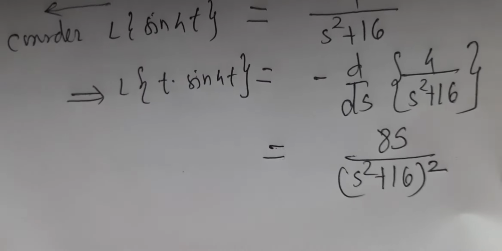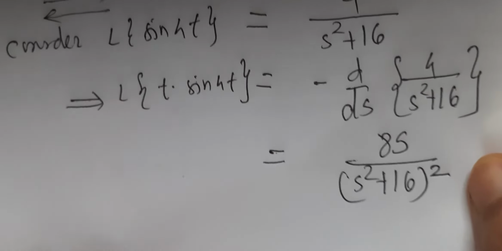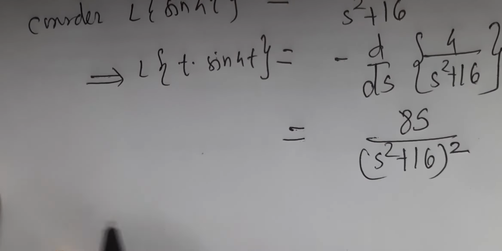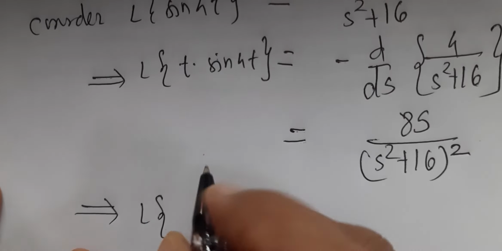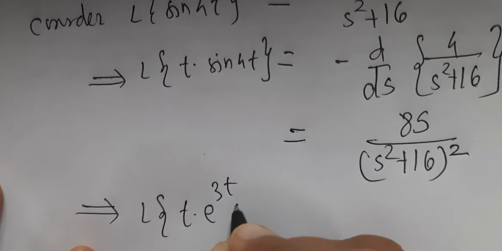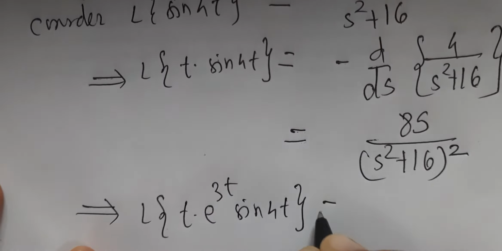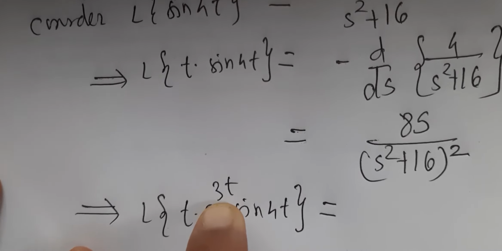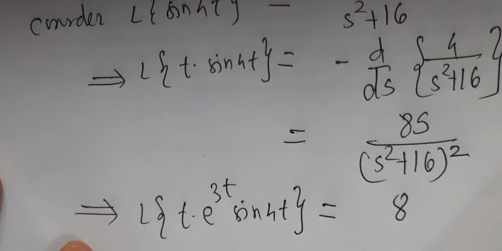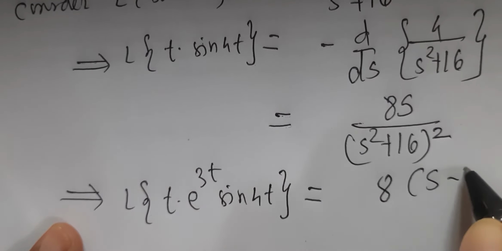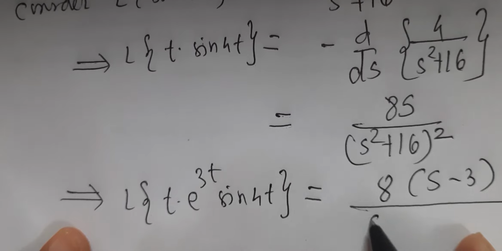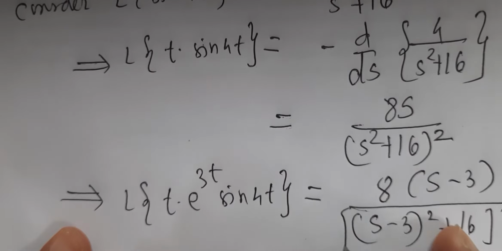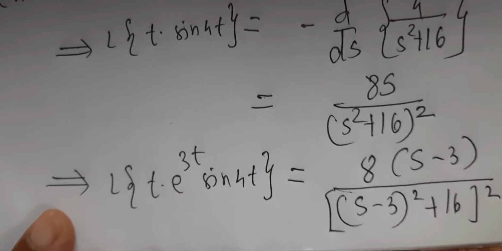This is your Laplace of t sin 4t. But what is our actual problem? Into e, and into e means first shift. So our next step is L of t into e raised to 3t into sin 4t. What was first shift? Just replace s by s minus a, that is, s minus 3. So it becomes 8 into s minus 3 upon s minus 3 whole square plus 16 the whole square, and this is our final answer.